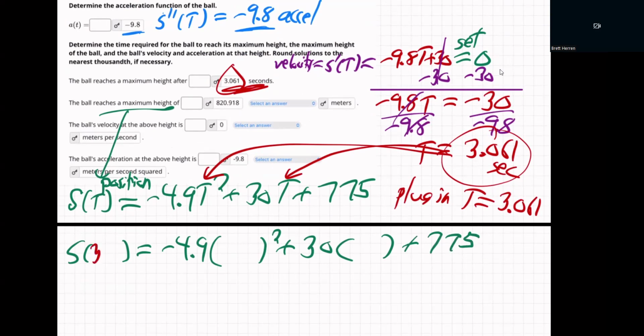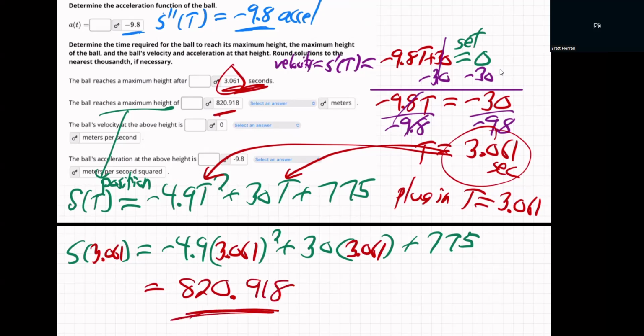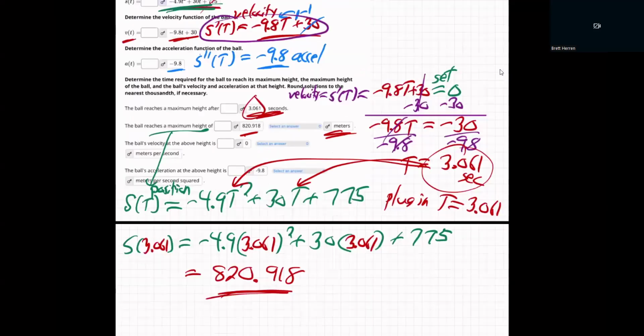I'm going to plug in 3.061. Just hit the buttons on your calculator, Desmos, and you'll get 820.918. So that's how many meters up the ball was at its highest point, right?